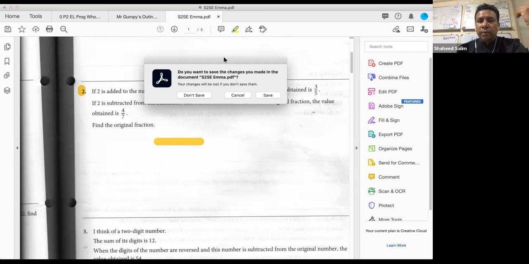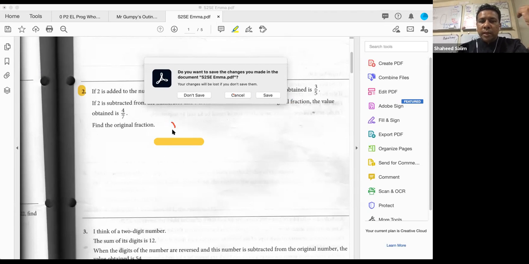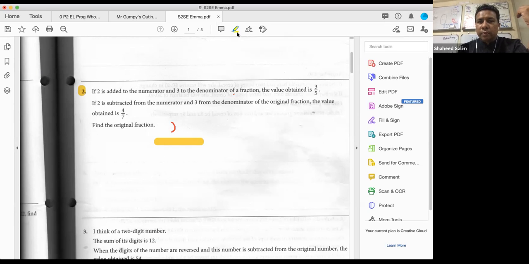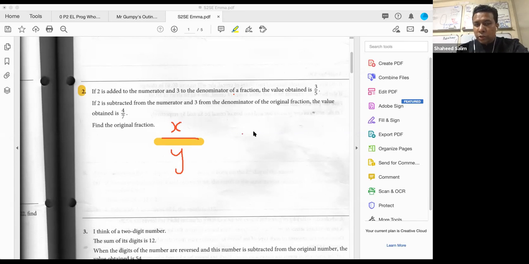So down here there's x, and this x over here over y. Because they tell you numerator, denominator, you know it has to be like that. It cannot be straight like what you put. It has to be fraction style.